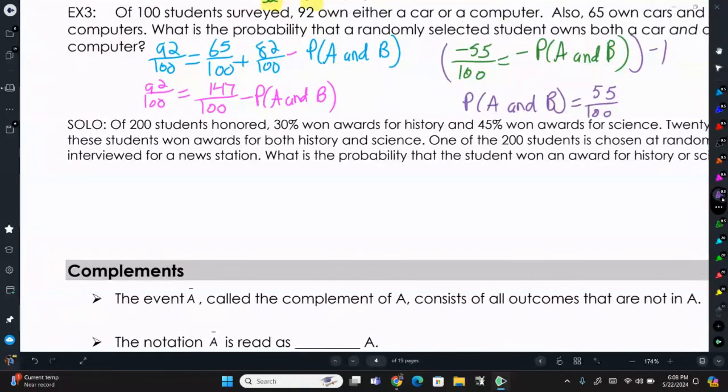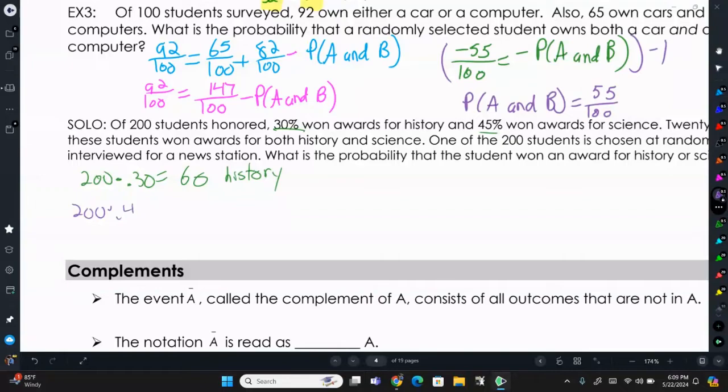So the first thing we need to do is convert these percentages into actual numbers. So 200 times 30%, or 0.3, that's going to be 60. So 60 students were awarded awards for history.